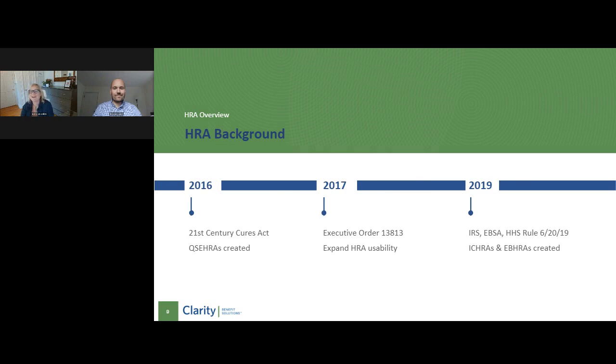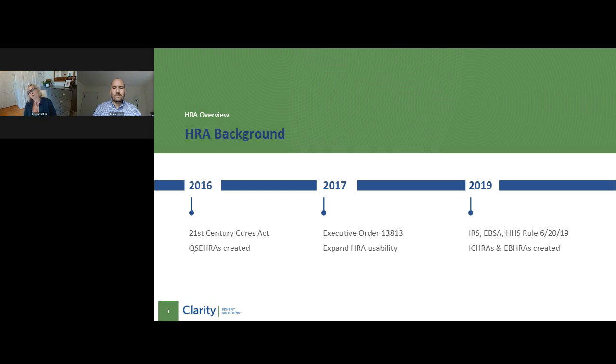Whew. So with the ACA's impact, small businesses that couldn't afford group insurance didn't have many options to help employees pay for health care. So in 2016, the 21st Century Cures Act sought to redress this state of affairs, creating the Qualified Small Employer HRA, colloquially referred to as the QSEHRA.